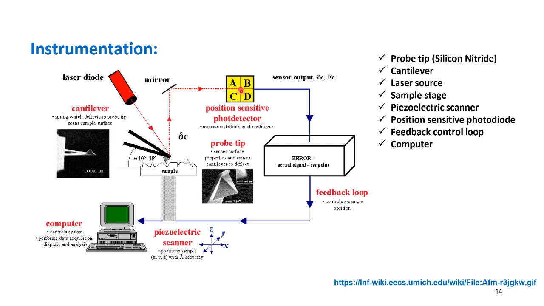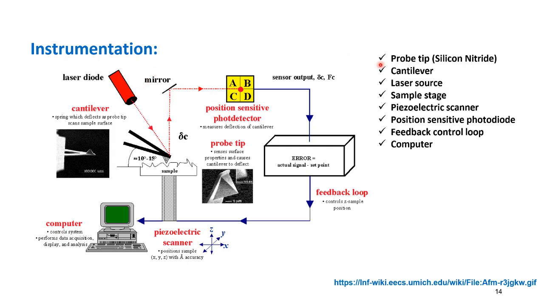That deviation we can observe, and because of the feedback loop, it will come back again, and the piezoelectric scanner will help us position our sample in the XYZ direction. So this is about the instrumentation, and then we have a computer which controls the different parameters, and the data acquisition and display.